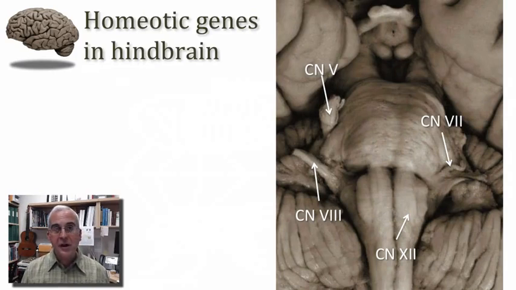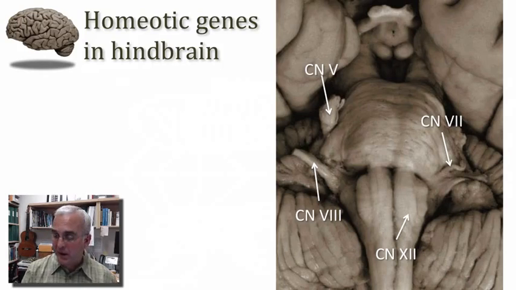Well, I've already challenged you to consider in some detail the anatomy of the differential regions of the human brainstem, for one very good reason, to understand the location of the cranial nerves in relation to divisions of the brain.